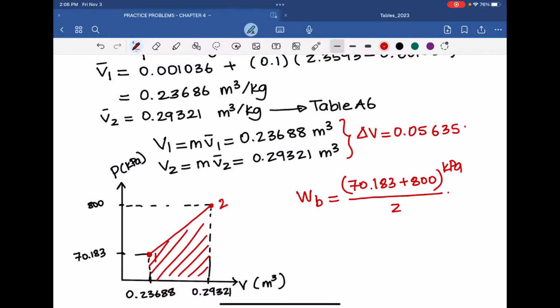Then we're just going to multiply this with that. And then the boundary work should be 24.5 kilojoules.